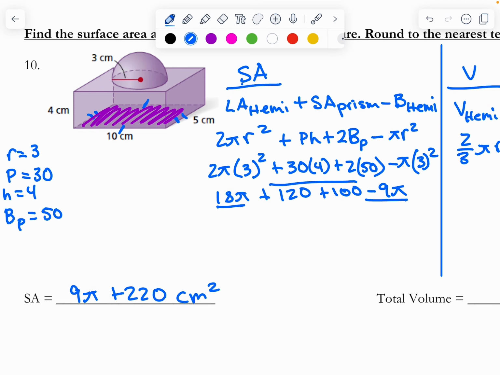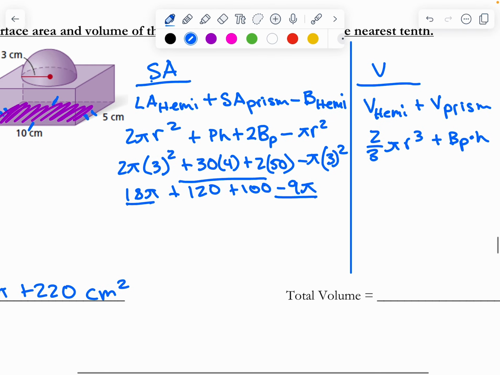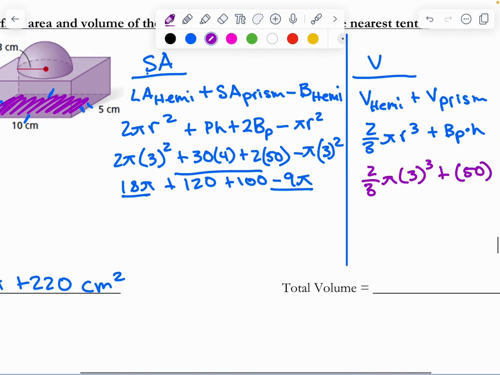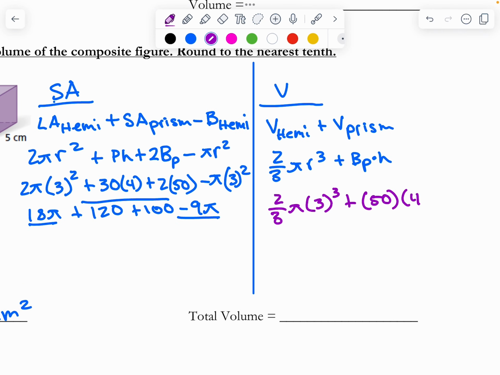Great. All right, now let's go ahead and finish off the volume here. So 2 over 3 pi, r is 3, 3 cubed. The base of the prism here was 50, and then my height was 4. Yes, it was. So times 4.